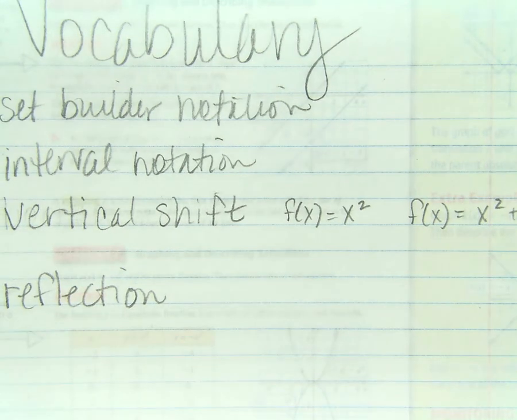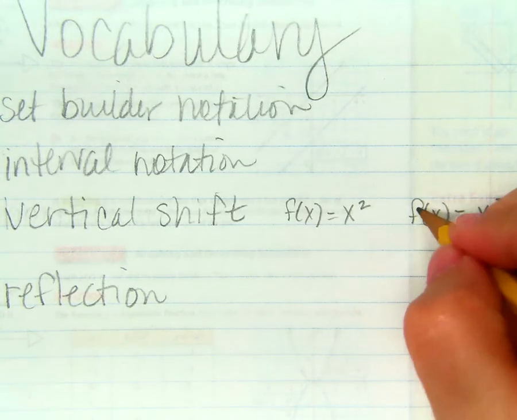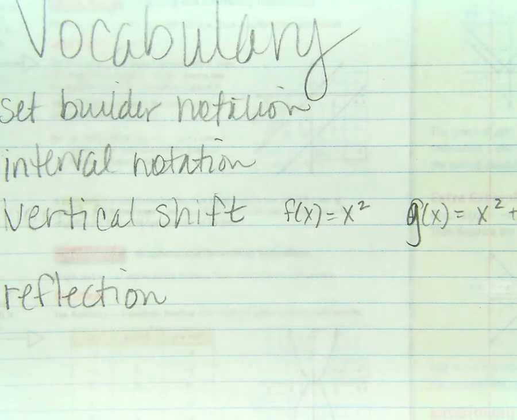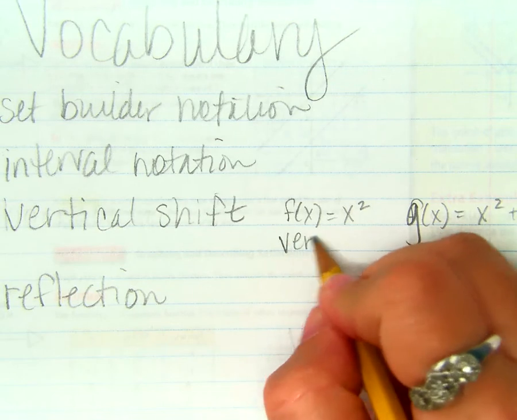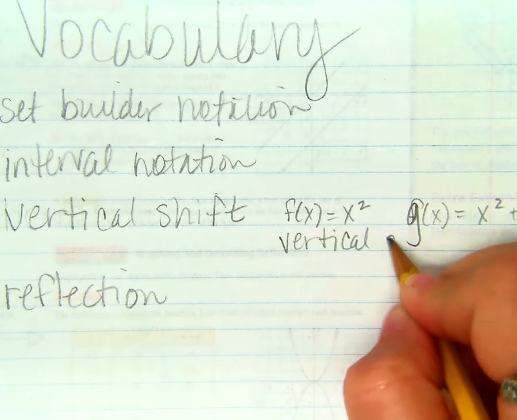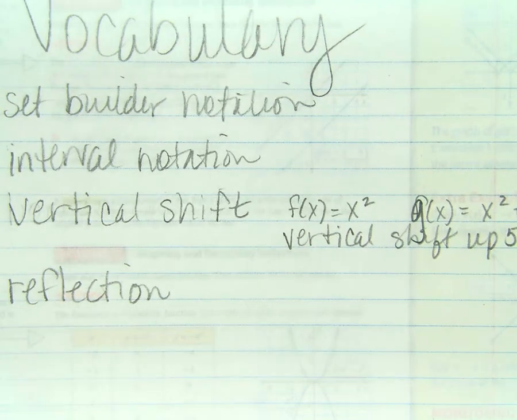What are we going to write if I ask you to compare these two functions, or compare this function, let's call it g instead, compare g of x to f of x, which is the parent? What would you write? Vertical shift up 5.